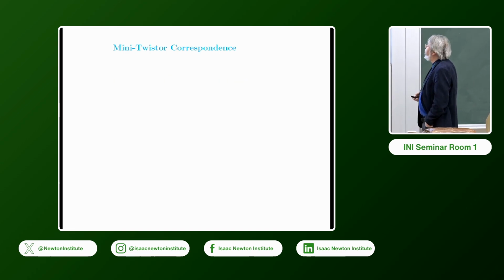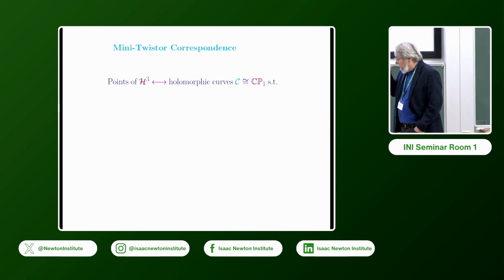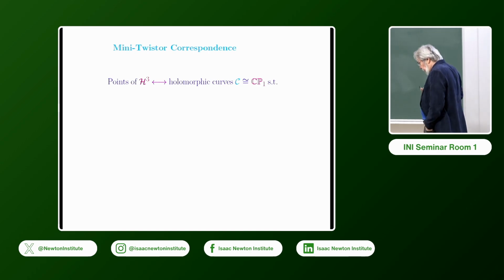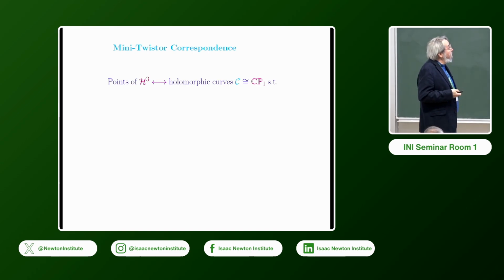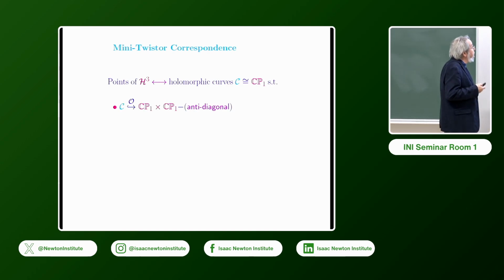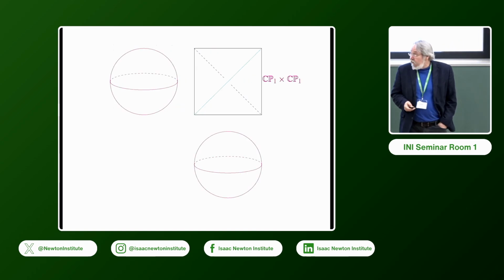All right, so the mini-twistor correspondence says that you can think of a point in hyperbolic three-space as corresponding to a holomorphic curve in this mini-twistor space. It's a copy of CP1 in CP1 times CP1 that misses this anti-diagonal.